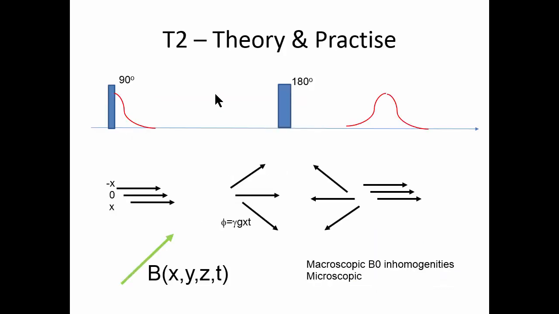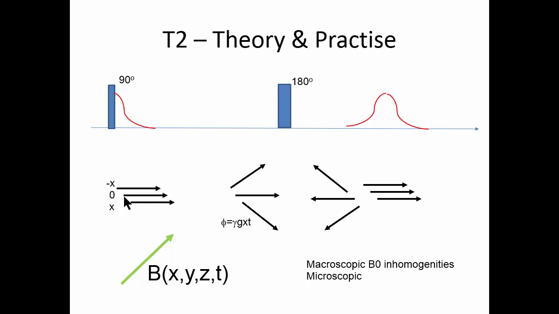So I hope that I'm not offending you with a very simple picture of what the echo time is, but we use it simply to get rid of B-naught field inhomogeneities related to the imperfect external magnetic field.